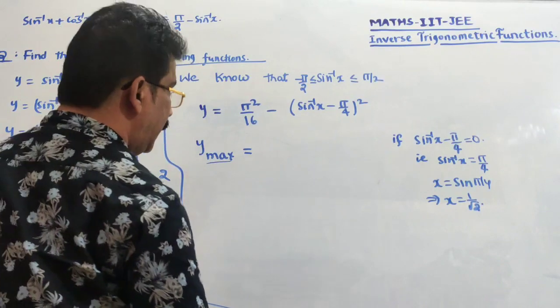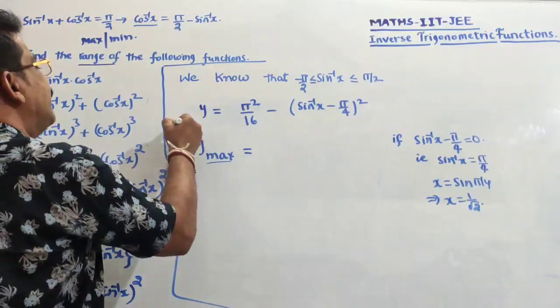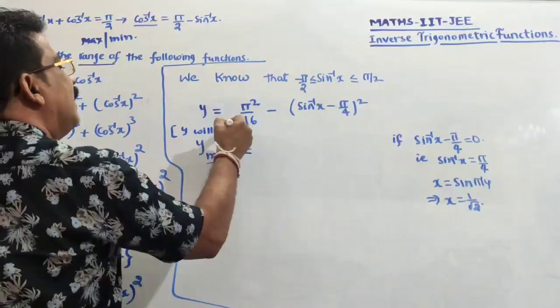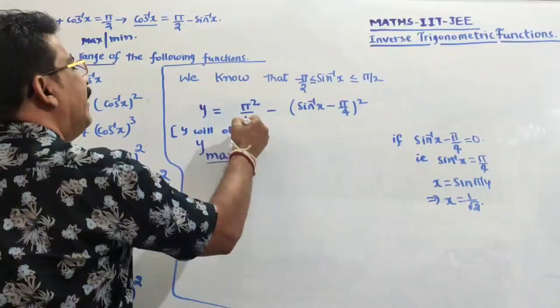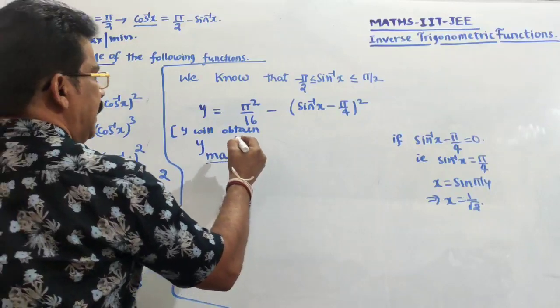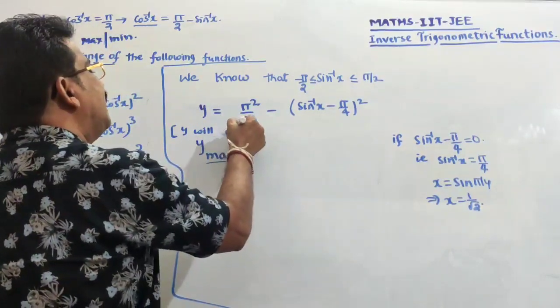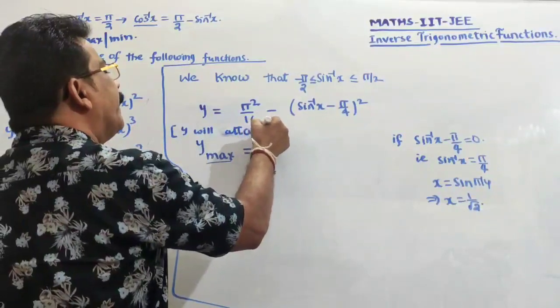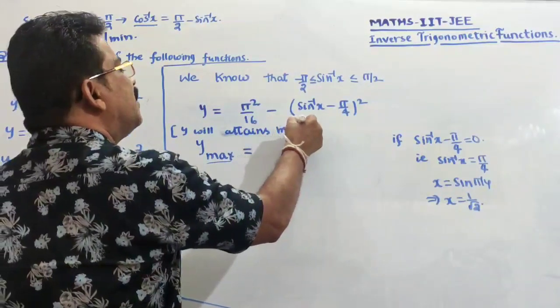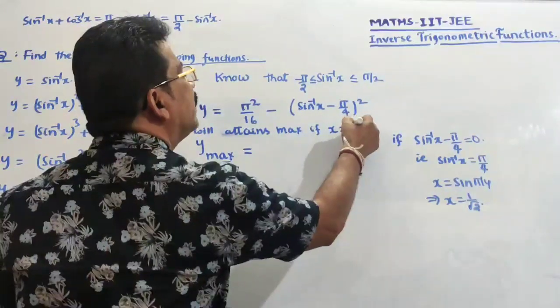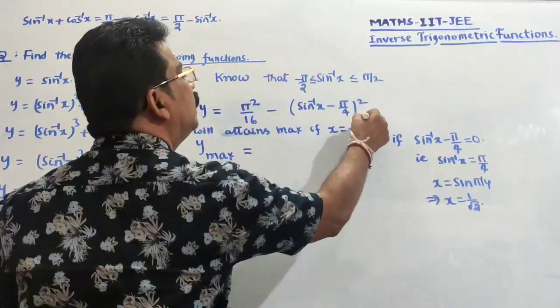So therefore y attains maximum if x equal to 1 by root 2.